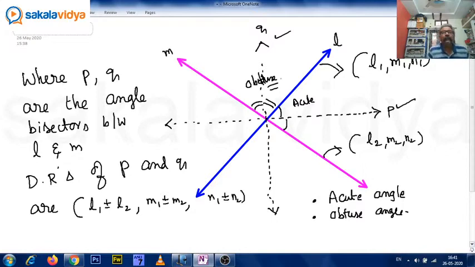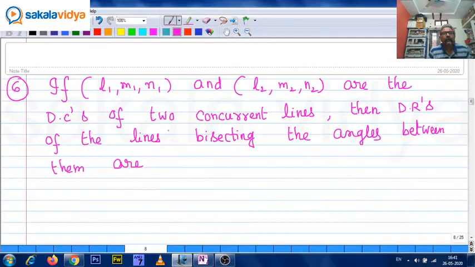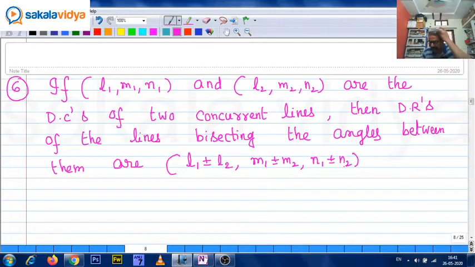So now they are given by L1 plus or minus L2, M1 plus or minus M2, N1 plus or minus N2. Next, this is the first point in the sixth.